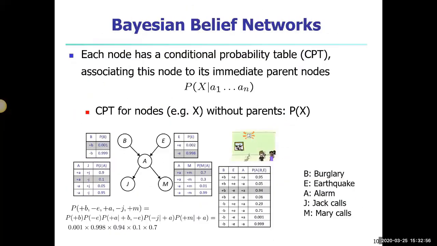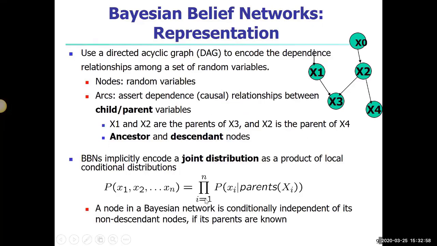With that, we can actually use this function to compute the joint probability. Now, with the joint probability, we can do everything we need to do, all sorts of predictions.